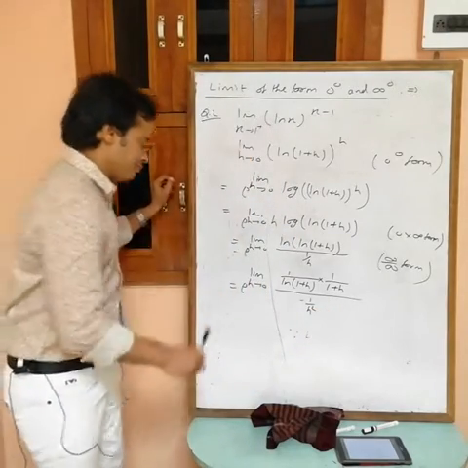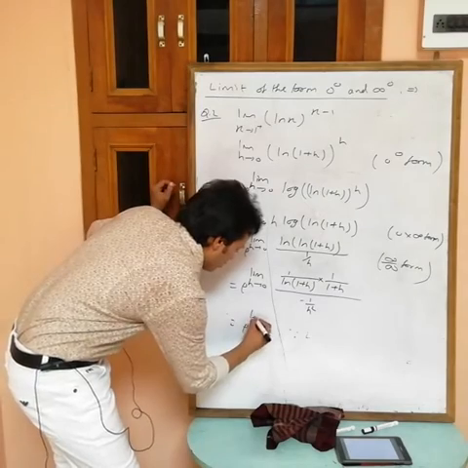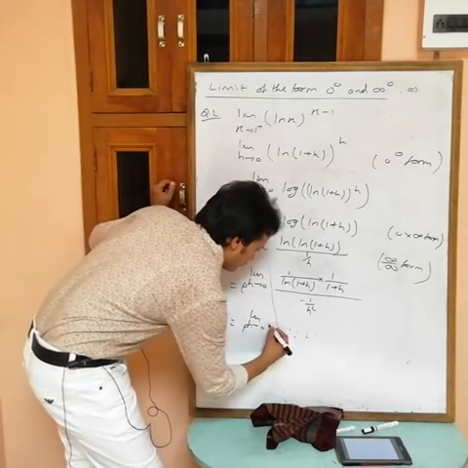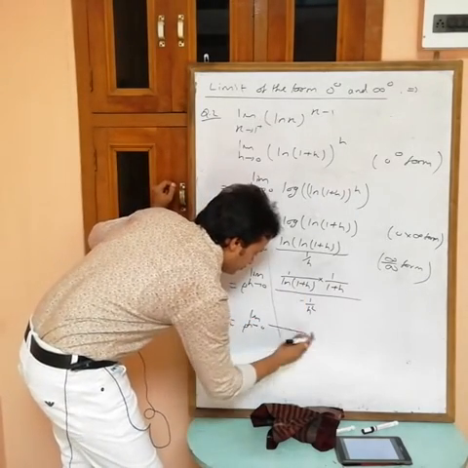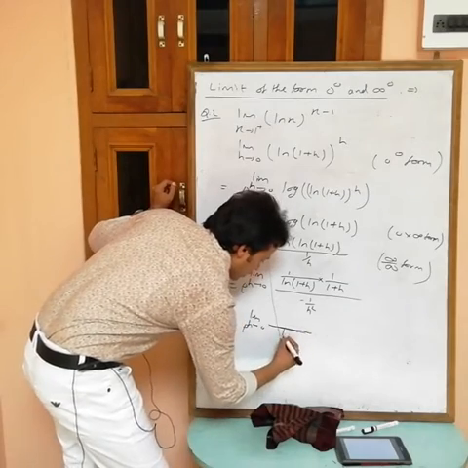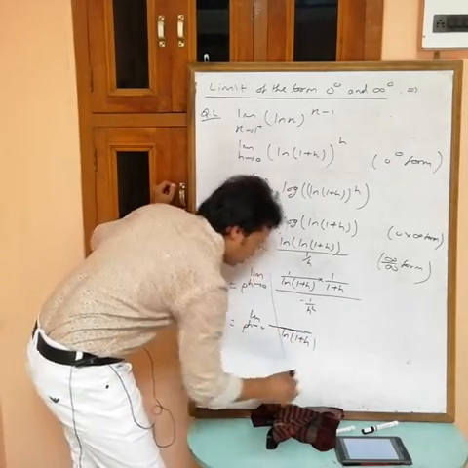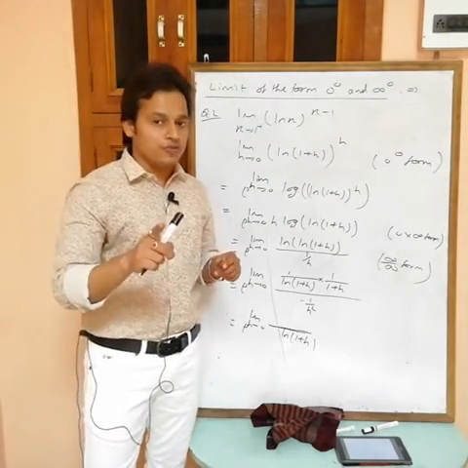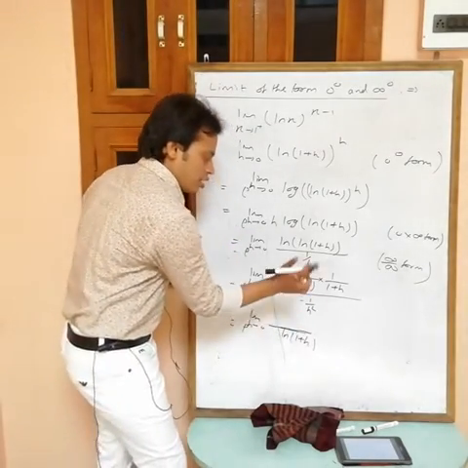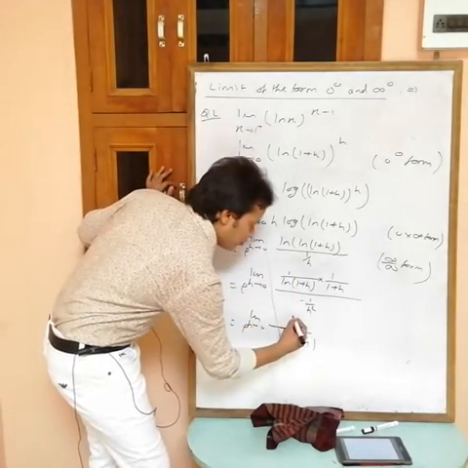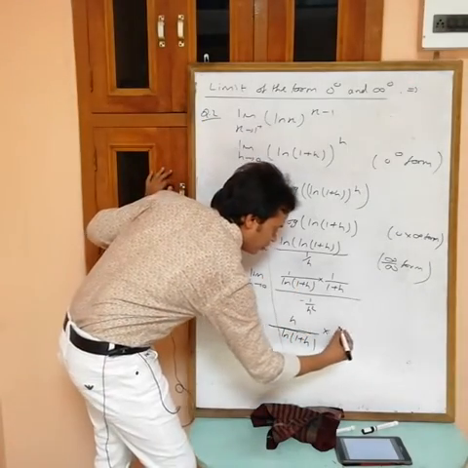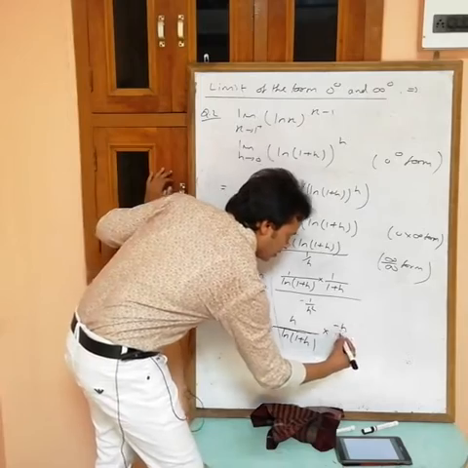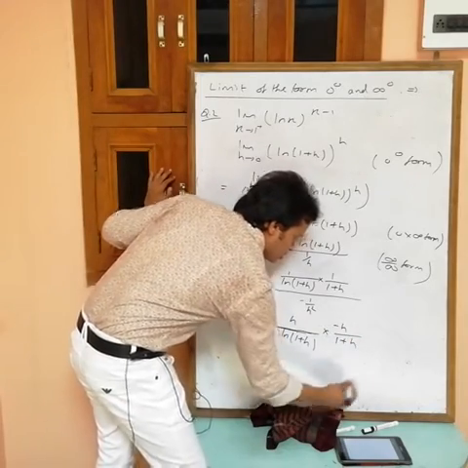Okay, now see, e power limit h tending to 0, in denominator what we have? ln 1 plus h. Now I can use a standard formula, ln 1 plus x by x is equals to 1. This h square in numerator, I am writing 1 h above this one and remaining 1 h here, but also we have minus, so minus h, 1 plus h.